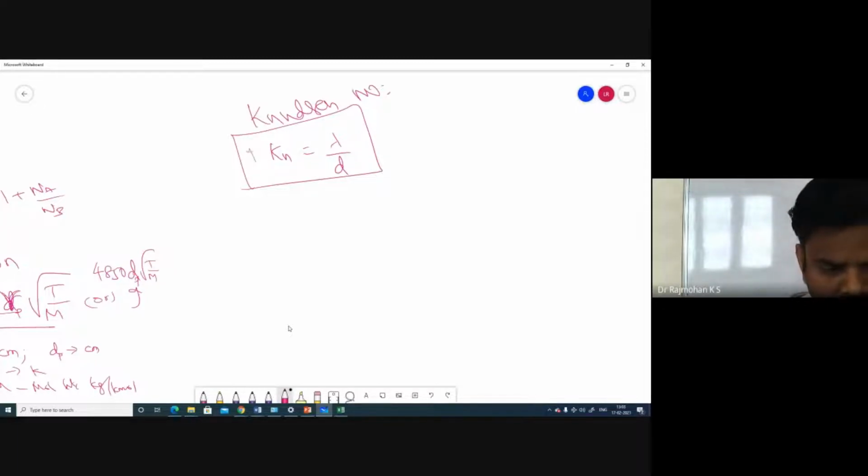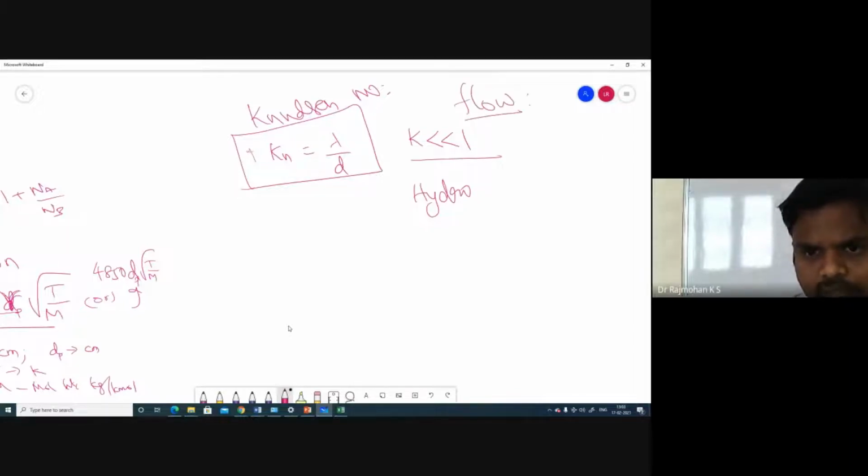When Kn is very much less than 1, we classify the flow regime in this porous media as the hydrodynamic regime. The flow taking place inside the porous media is in the hydrodynamic regime when the Knudsen number is very much less than 1.